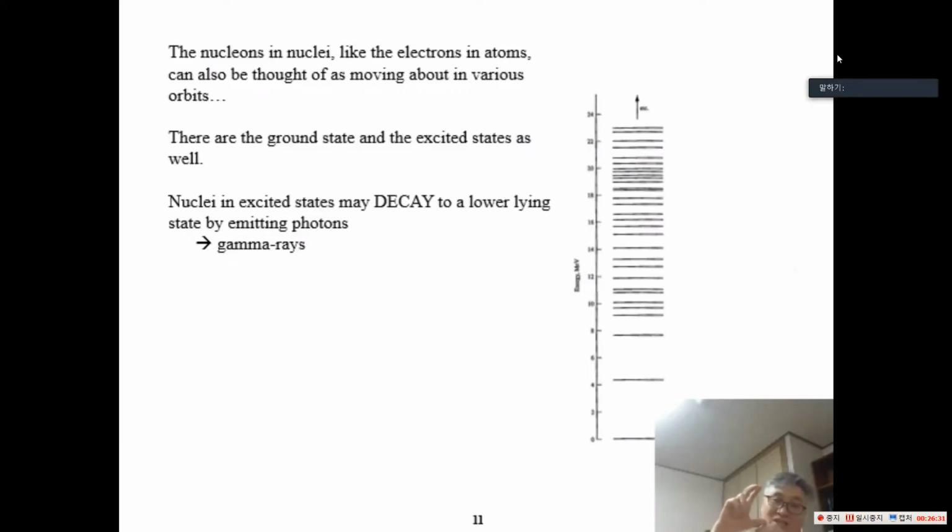Radiation is emitted from a nucleus during the stabilizing process. 안정화되면서 그 차이에 해당되는 에너지가 방사선으로 나온다는 거야. 그러니까 안정하지 않은 핵이 안정한 상태로 내려오면서 그 차이에 해당되는 에너지가 뭐 감마선 이런 걸로 방사선으로 나오는 거지. 만약에 그 에너지가 크면은 감마선으로 나오는 게 아니고 어떤 파티클로 나올 수도 있지만.